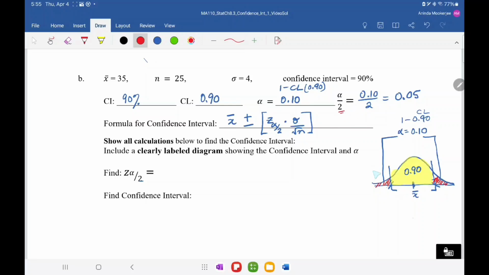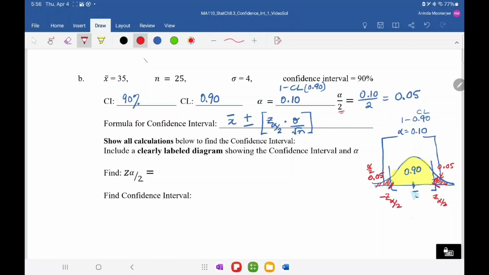It will be equal on both sides because this is a symmetric curve. So 0.05 is alpha by 2, and then the area on the right hand side is also 0.05. And now we have to find z of alpha by 2. All right, z of alpha by 2 on the right hand side, and also the z value on the left hand side, which will be negative z of alpha by 2.